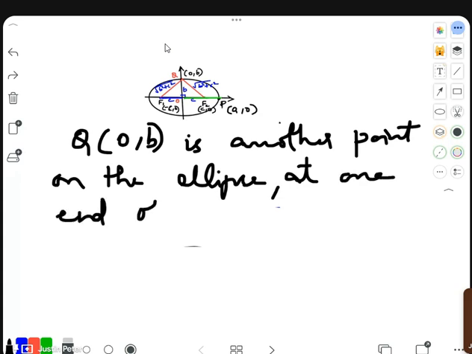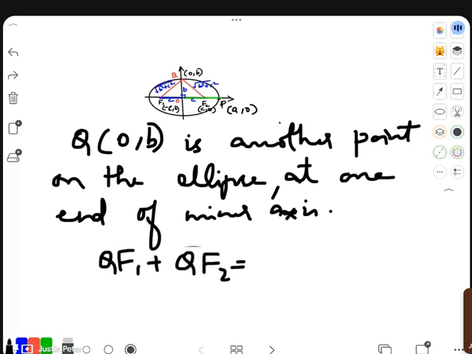Correct? So this should also fulfill the definition of an ellipse, which is what? QF1 plus QF2. So this should be equal to PF1 plus PF2, isn't it?